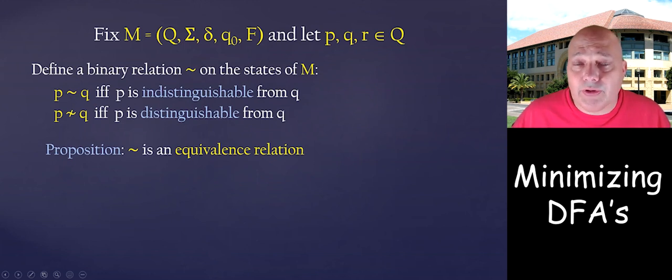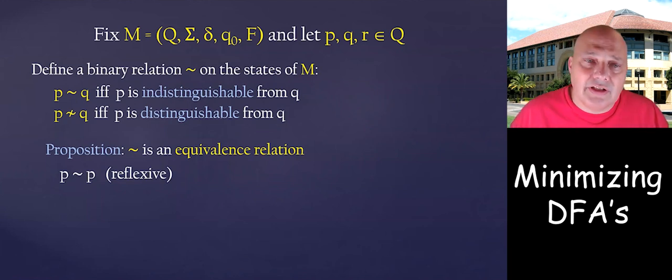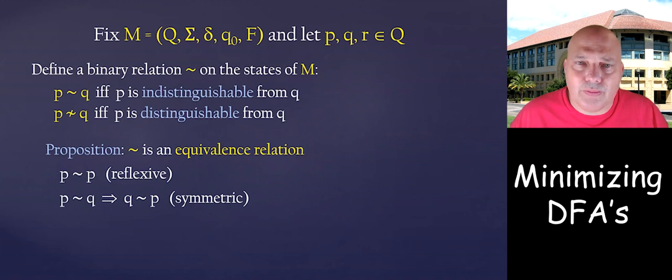So the three properties of equivalence relation are: first, P is equivalent to P, it's reflexive. Then if P is equivalent to Q, then Q is equivalent to P. It's symmetric. And these two properties are very easy to argue for the relation we just defined.